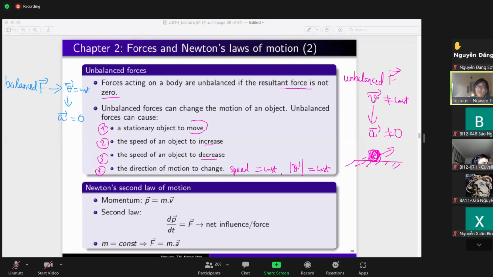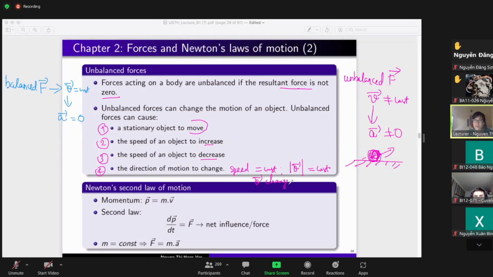When you say the velocity is not constant, velocity is a vector quantity, so it contains both magnitude and direction. If magnitude doesn't change but direction changes, the velocity vector changes.